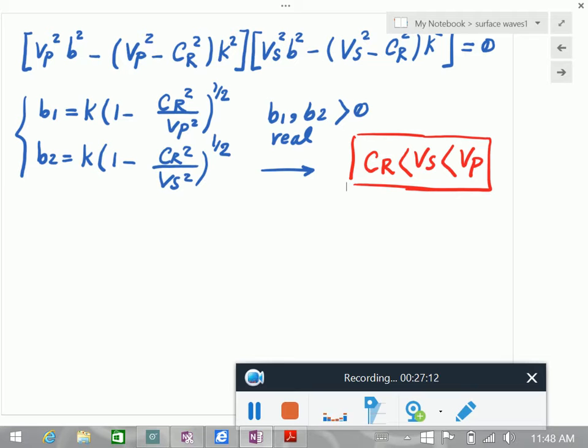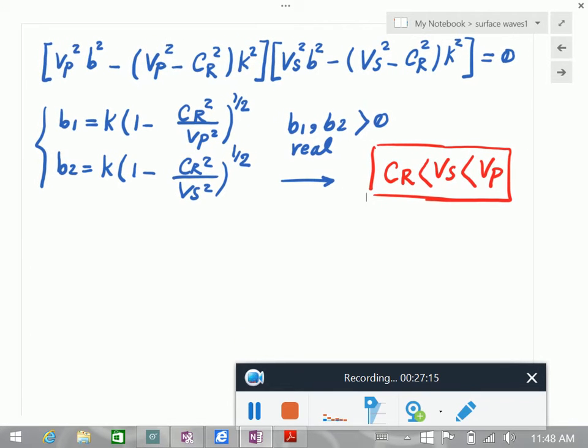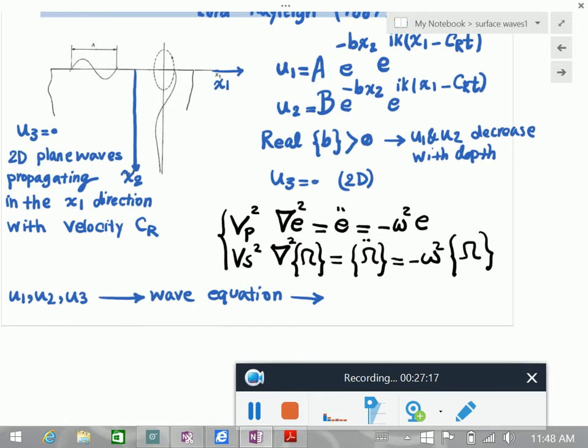What is the equation at the top from? We plug U1, U2, U3 into the wave equation, and we ensure that we are looking for a non-trivial answer, that means A and B cannot be at the same time 0. You have all the expressions to do that, and you are more than welcome to try it. If you look at the lectures on wave propagation, when we derived this, we have expressions for all the stresses and all the strains.